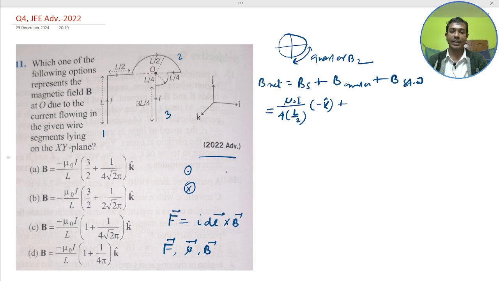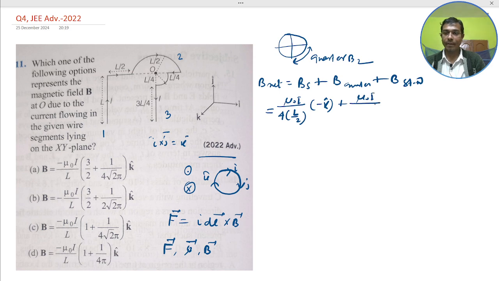Here are i, j and k, and i cross j is equal to k. You already know this point, we have already discussed it in the vector chapter. And the second one is mu naught I divided by 8R for the quarter, so 8 comes from 1/4 into 2, 8. This is L by 4 and direction minus k cap.